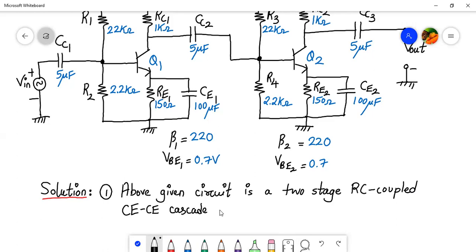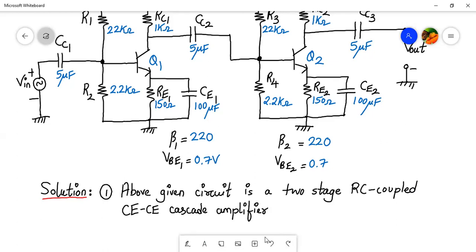It is very important to first identify the cascade stage over here.